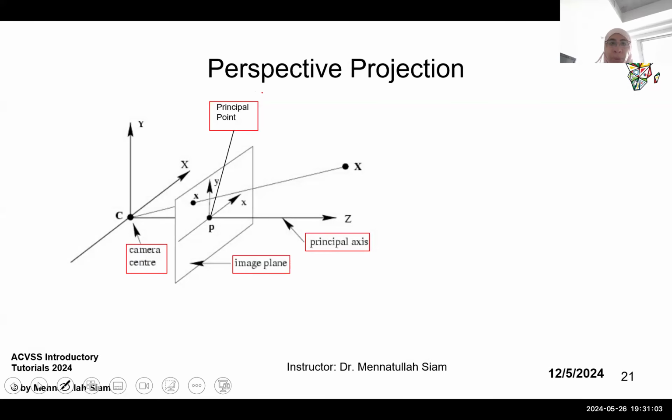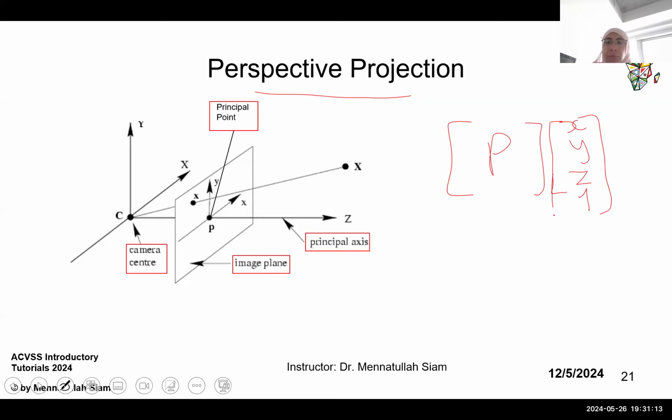Now, to describe the perspective projection, we need some projection matrix here. Once it's multiplied by the x, y, z, 1, our 3D point, it can project it into this 2D x bar, y bar, 1. So what is this projection matrix? This is what we're going to cover: how to construct the matrix.